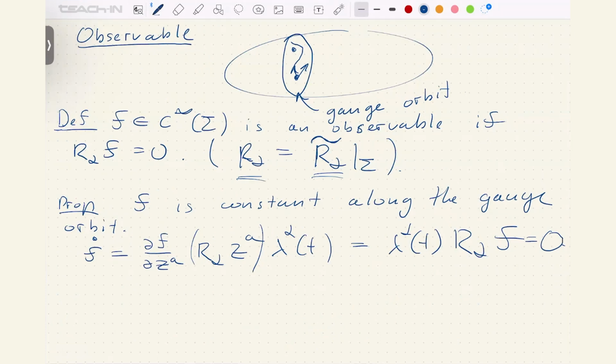So this is fine, but what is not yet clear is whether this definition is actually compatible with evolution, because for the moment we forgot about the Hamiltonian. If we have a Hamiltonian, then the evolution is not just a gauge transformation, right?